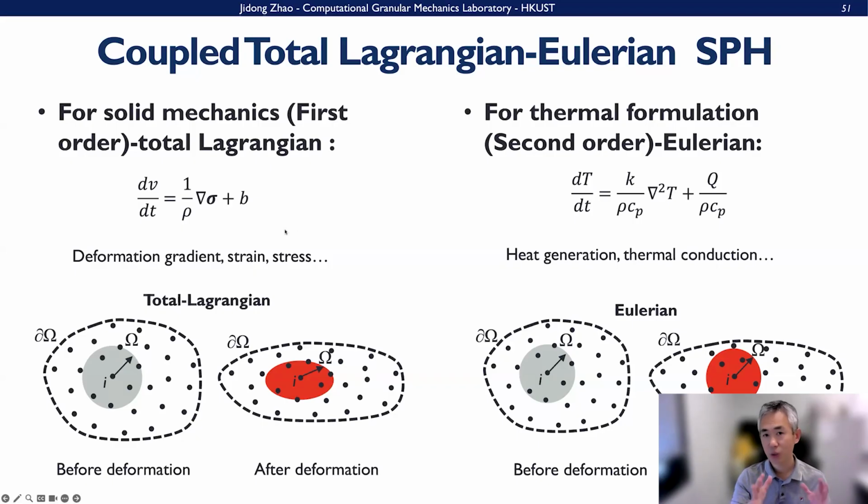That's why, in the same SPH scheme, I wanted to couple this total Lagrangian formulation for the mechanical behaviors and deformation of the particles with an Eulerian description for heat generation and thermal conduction, to simulate the thermomechanical behavior of compressed powders.